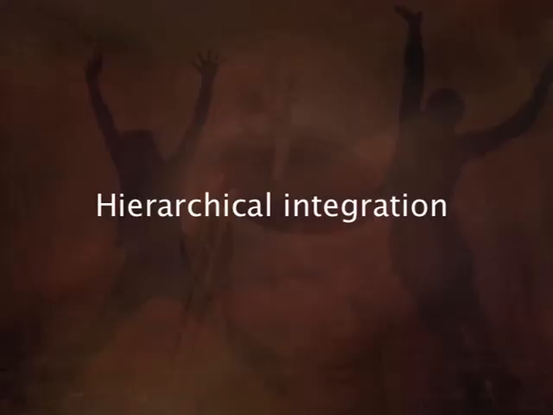Third, we have the principle of hierarchical integration, according to which complex skills develop through the integration of simple skills that had emerged earlier. And finally, we have the principle of the independence of systems. This suggests that the development of one system is independent of the other bodily system.